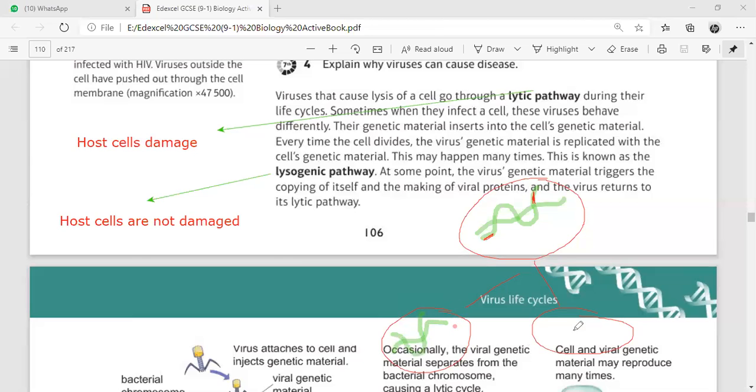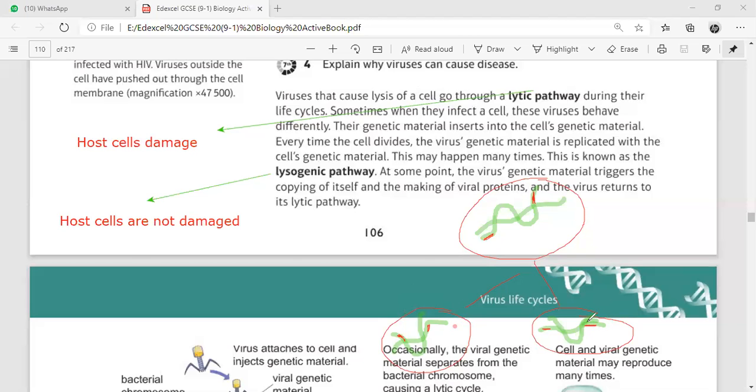It has made its own copies, the same, but the virus remains inside. Please make note of this. So the virus is still here, moving from one cell to the other. It will not damage. It is actually hidden. You understand?